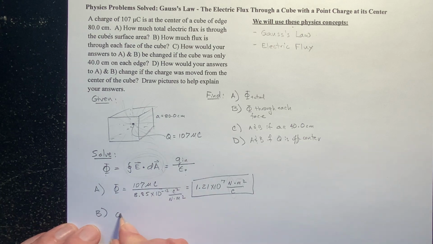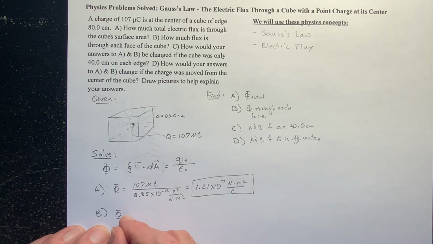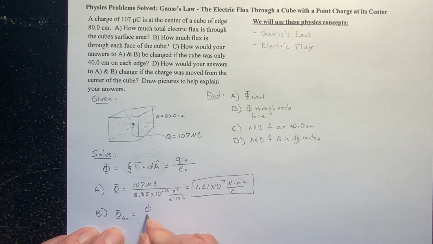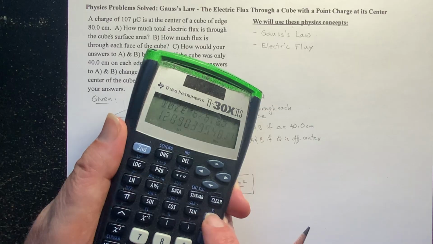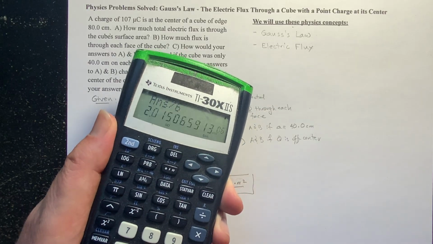So I'm just going to say the flux through one face is equal to the total flux divided by 6. So that's 1.21 times 10 to the 7 newton meters squared per coulomb divided by 6. I already have this work saved in my calculator, so I just need to divide that by 6.